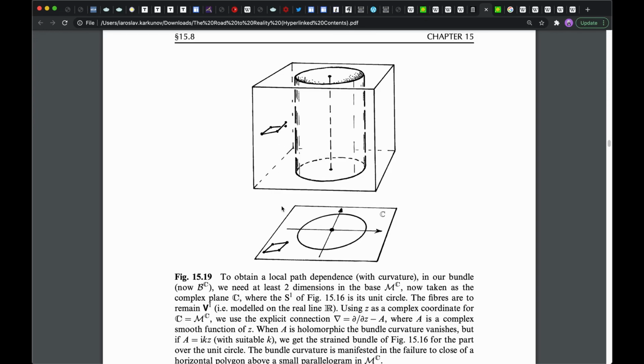So basically it means that if you have in the base space some parallelogram, then that parallelogram will fail to close in the bundle. So that's what the curvature measures, like how much those points will differ here.